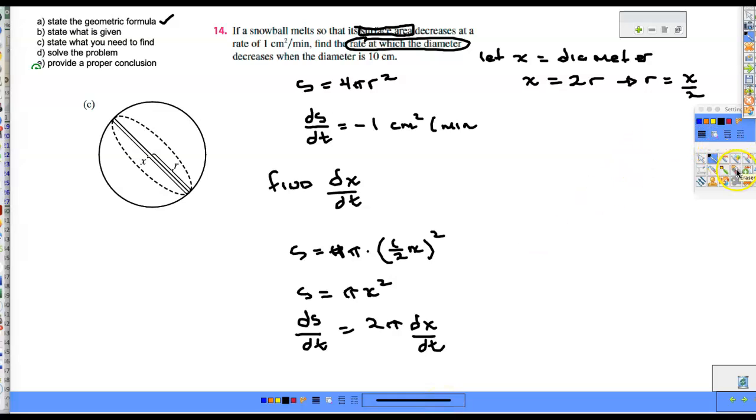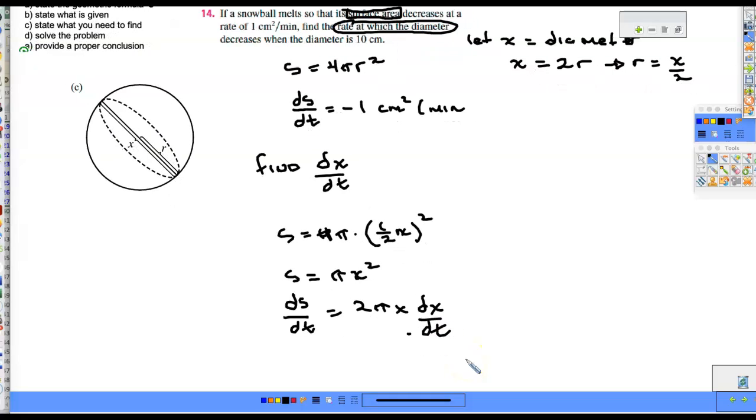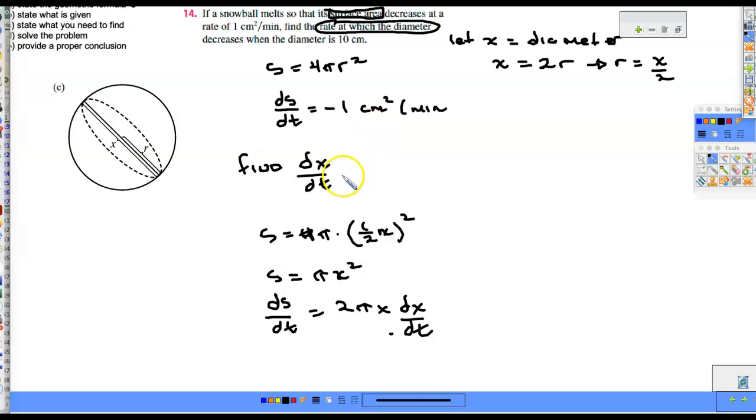Oh, critters, typo. Take 2. This is going to be 2 pi x, and this is going to be dx/dt. And now what we're looking for here is this dx/dt. So now we're going to make a substitution for ds/dt, which is a -1.